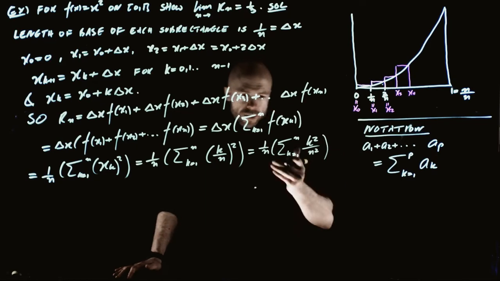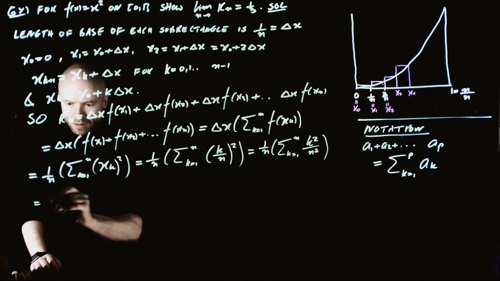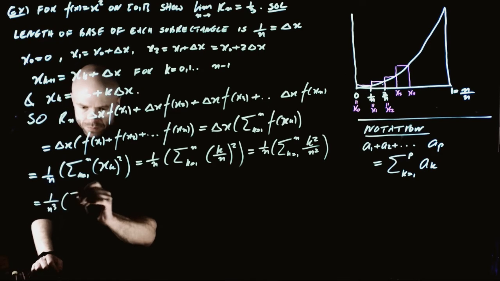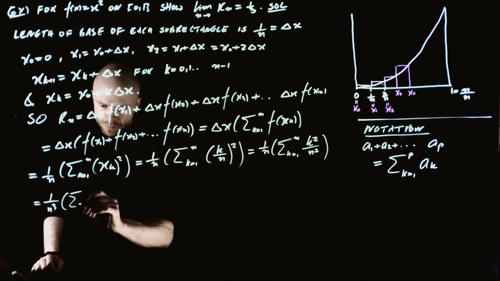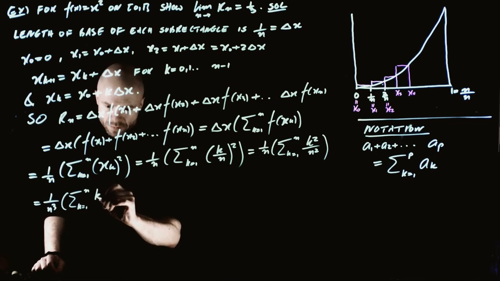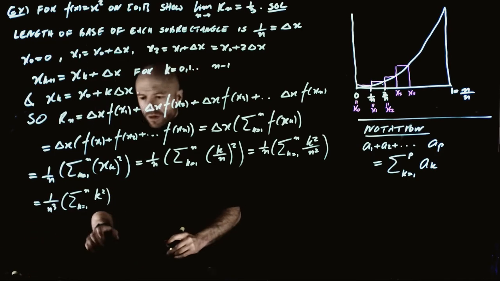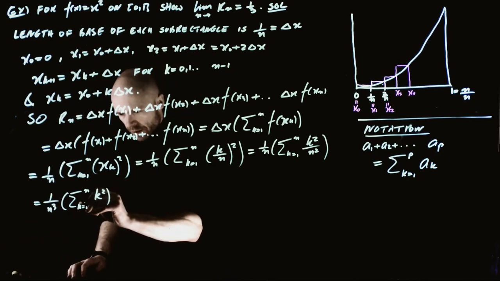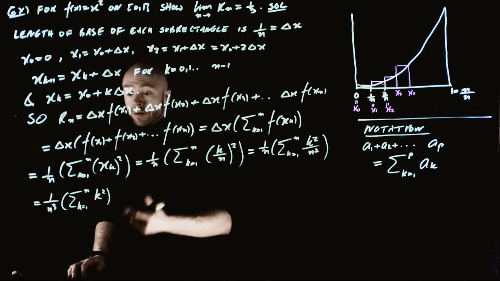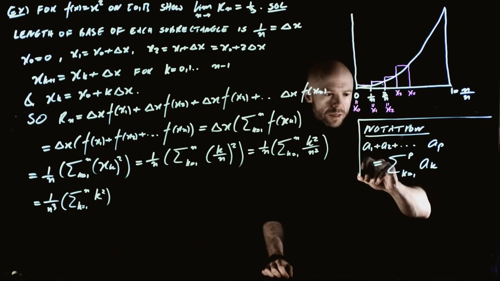Now this n squared is not changing as I sum over k, so I can pull it out from the sum. So it is this thing. Cool. If we could understand what this is, the sum from k equals 1 up to n of k squared, we are in good shape.